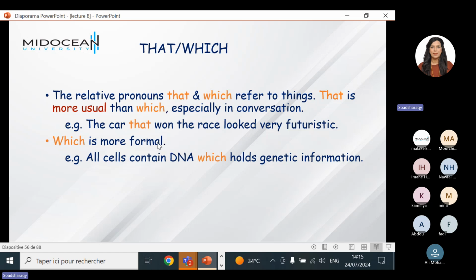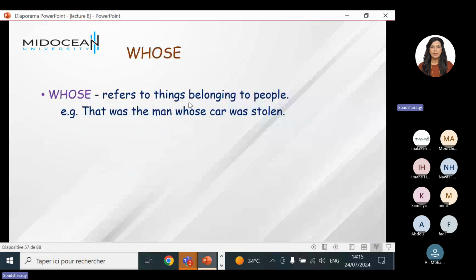Which is more formal. Example here: all cells contain DNA, which holds genetic information. Whose: whose refers to things belonging to people. That was the man whose car was stolen. So the car here belongs to that man.